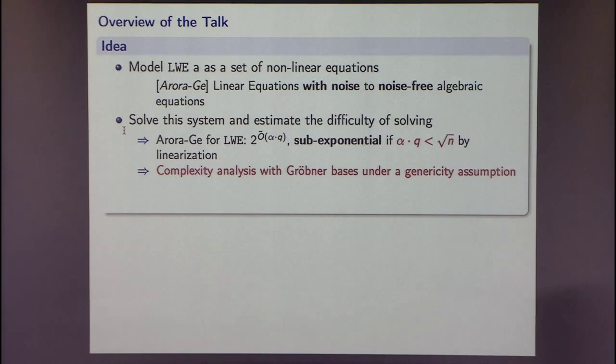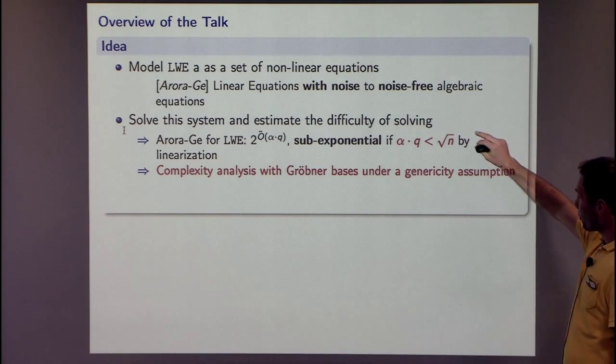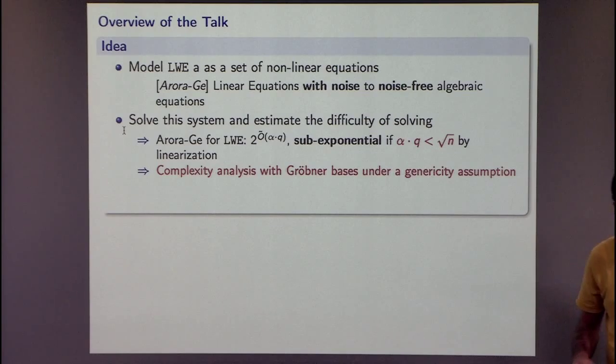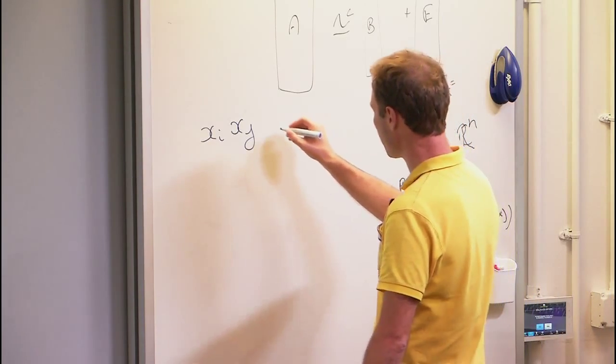We will do this by using Gröbner basis. We will use the modeling of Arora-Ge that I'm going to show you. It's very easy. The idea of Arora-Ge is to do linearization. For binary LWE, you have degree 2, so you have a product of this form.